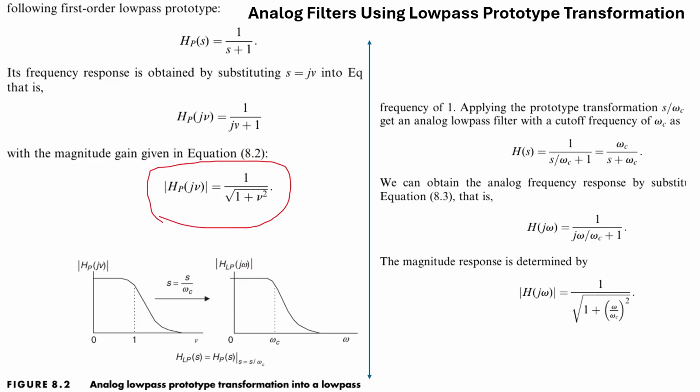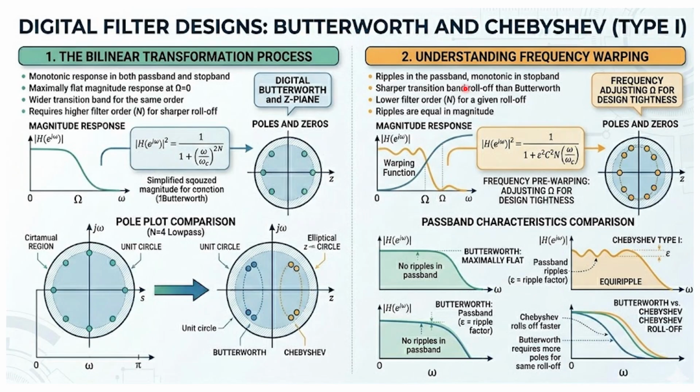Now we will jump into the Butterworth and the Chebyshev. So these are the digital filter designs, right? First of all, what is this digital filter design? In the digital filter design, you should remember that whatever we have in the s plane, we are going to map into the z plane. That is, s plane means the analog, and z plane means the digital filter, right?